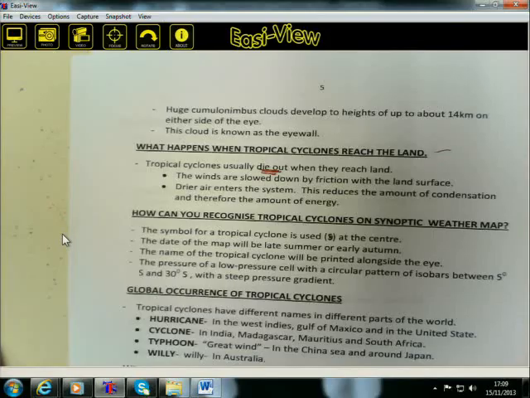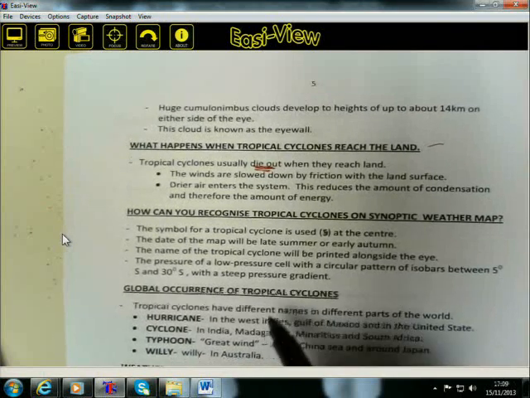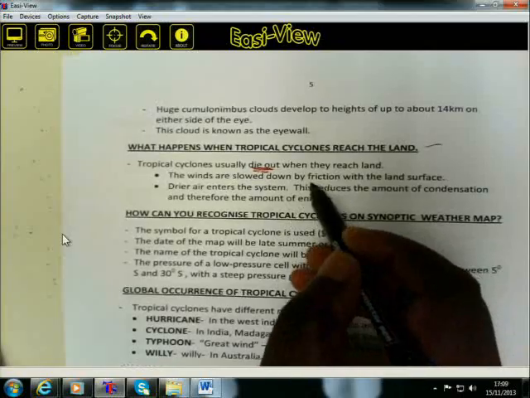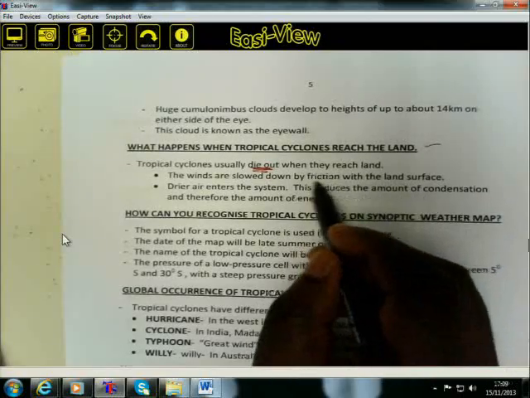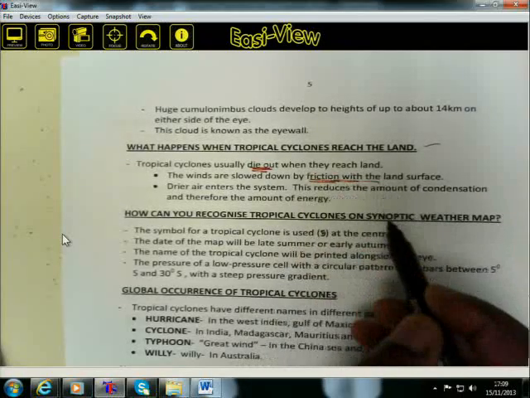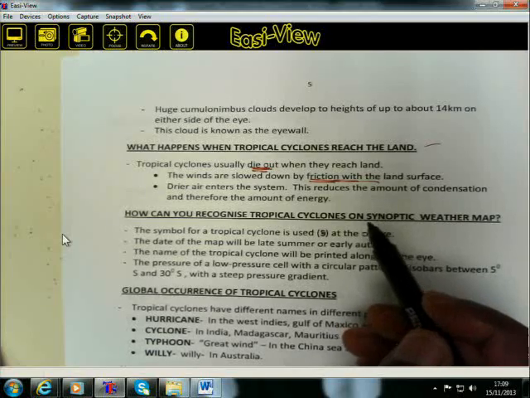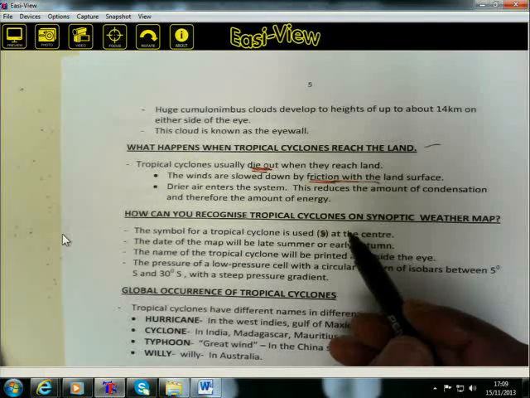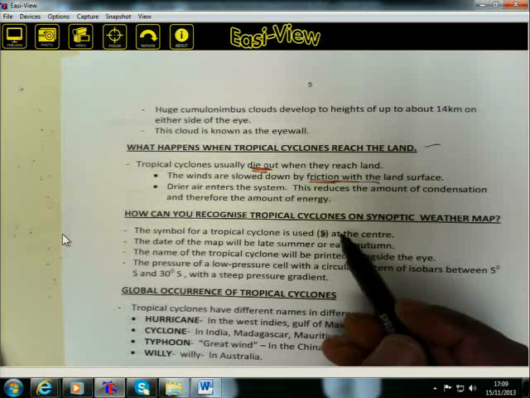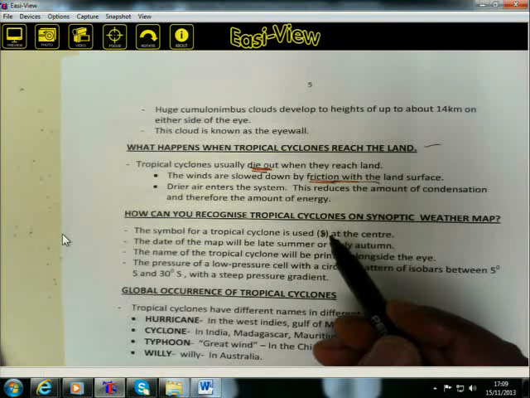Why does the tropical cyclone die when it reaches the land? Why? That would be the question. Explain why the tropical cyclones die when they reach the land. One, the winds are slowed down by the friction of the land surface. Remember, when the tropical cyclone came, being strong over the ocean, the friction is much less over the ocean.